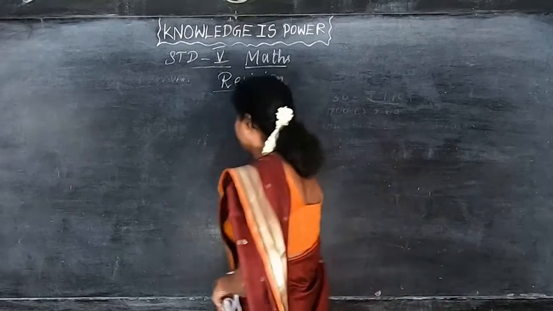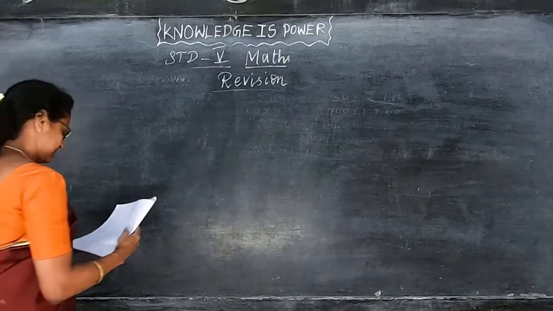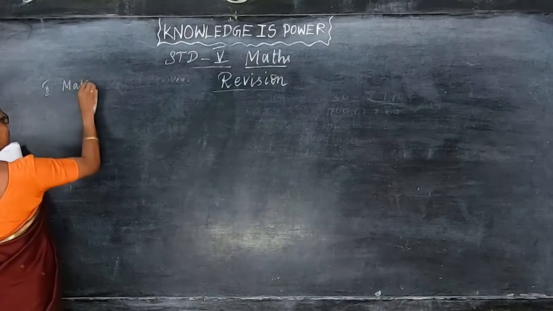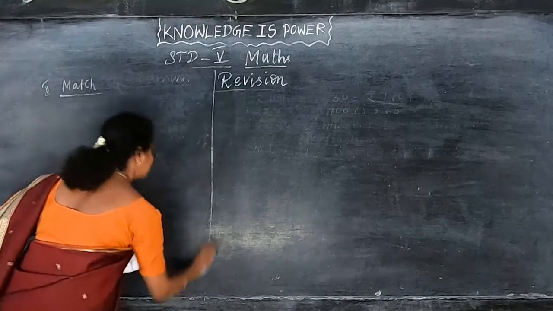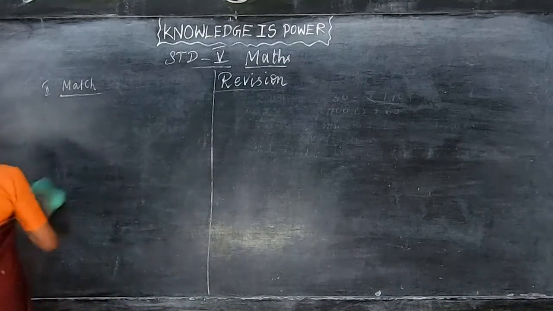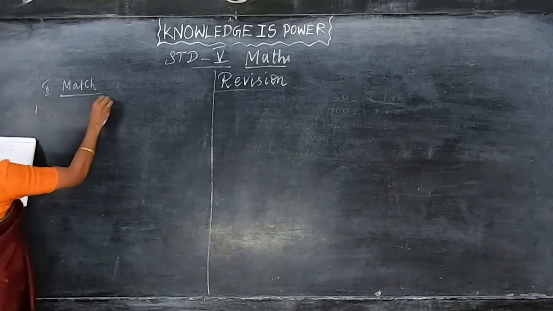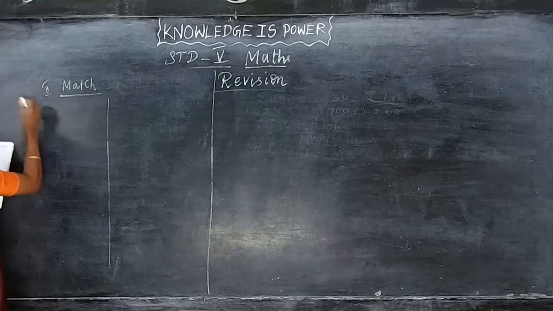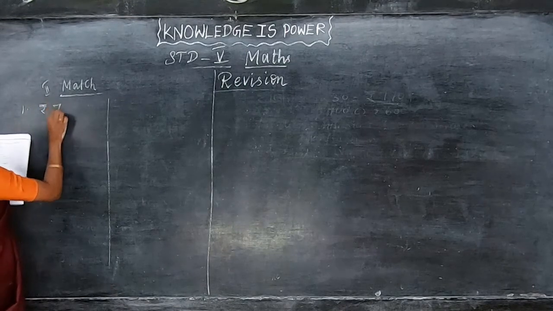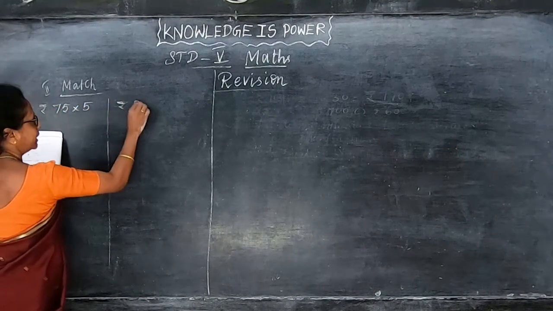Next we'll move on to match the following. I will give the straight answers, not the exchanged answers, only the straight answers. Rupees 75 into 5 is equal to rupees 375.